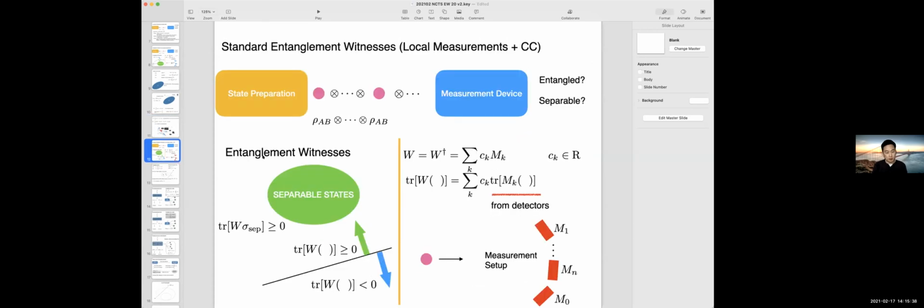Okay, so now we limit ourselves to the most feasible technology: state preparation and measurement on a single-copy level. Then we do post-processing with the measurement outcomes, and from there we want to conclude whether the state is entangled or separable.